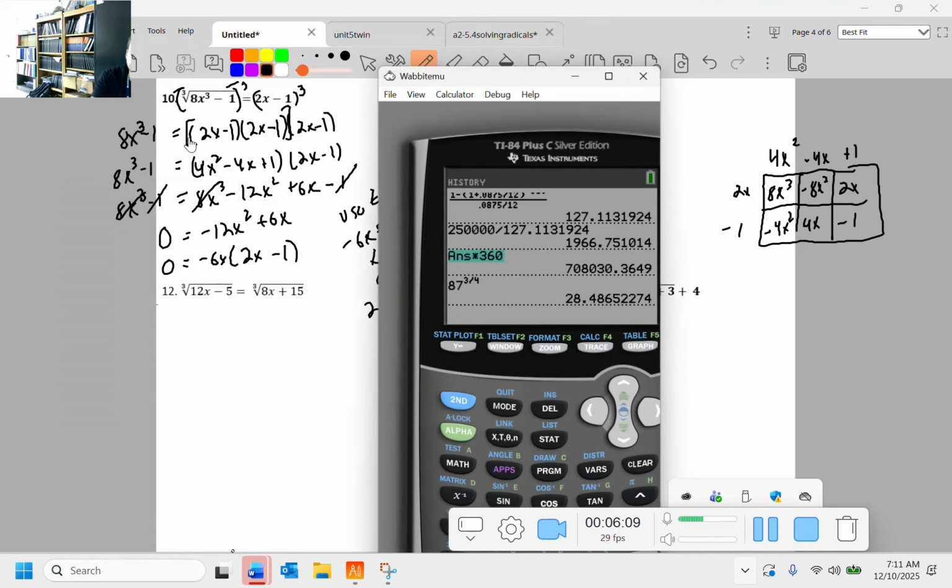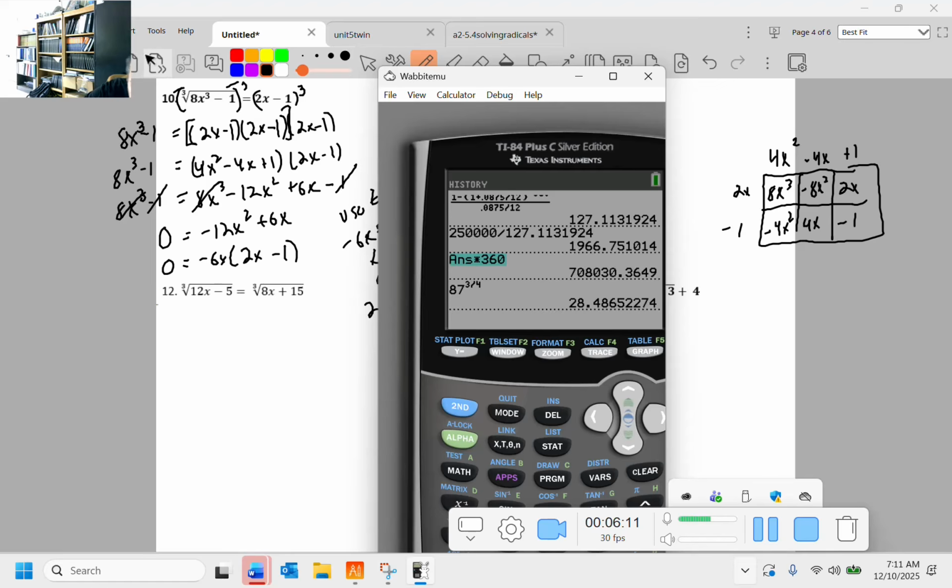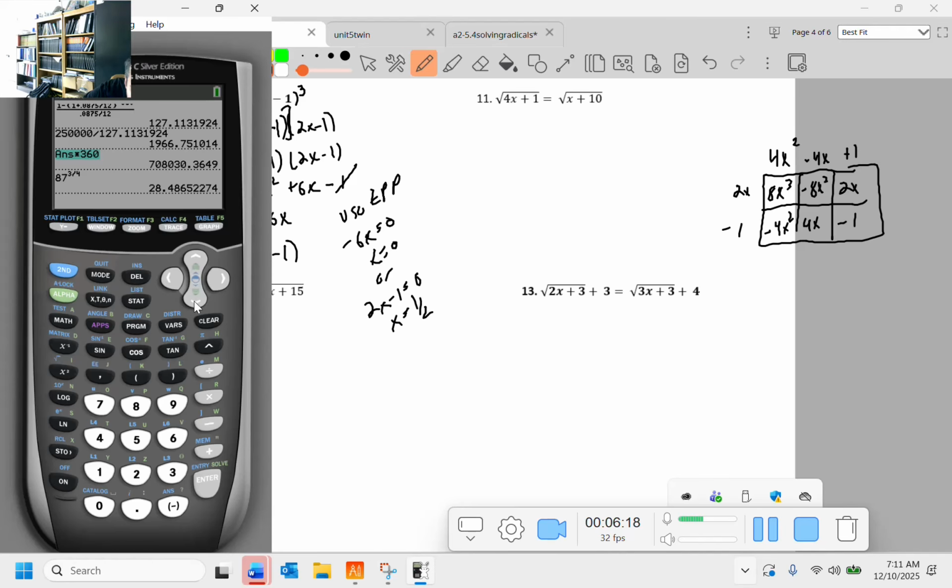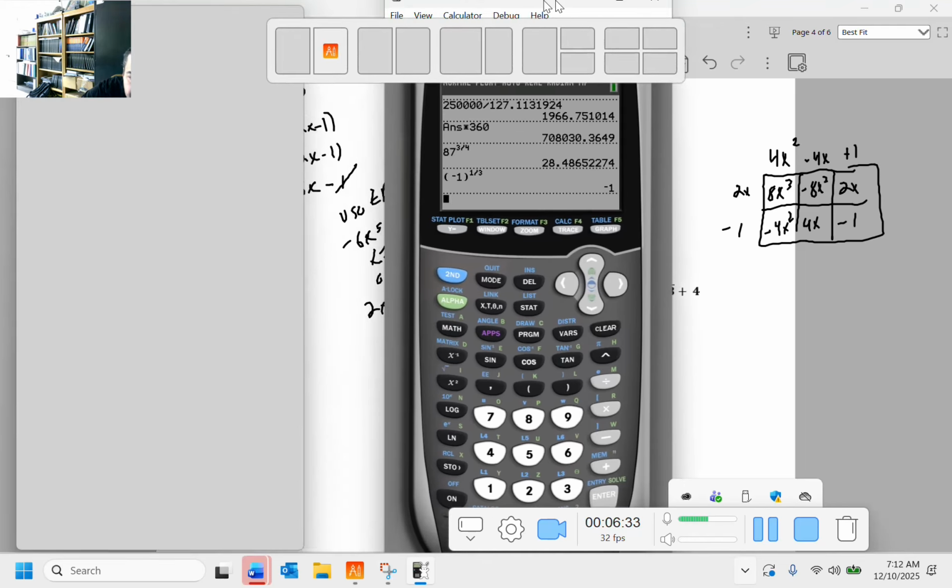I'm going to plug the 0 into the right-hand side, okay? So if I plug a 0 in here, this is going to be 0 minus 1, which is negative 1. To take a cubic root in a TI-84, by the way, always wrap negatives. It won't hurt you on an odd root, but it will kill you on an even root. Negative 1. So I get a negative 1 on the left-hand side.